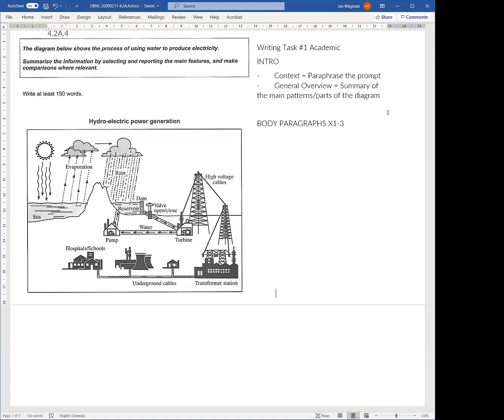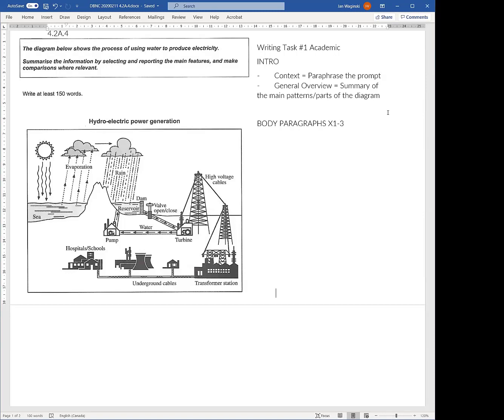We see how the sun warms the water, water goes to the clouds, and from clouds it makes rain, and after we have, not from sea, reservoir, like water where it's, I don't know how it's named, and all the vocabulary that you need is in the diagram.